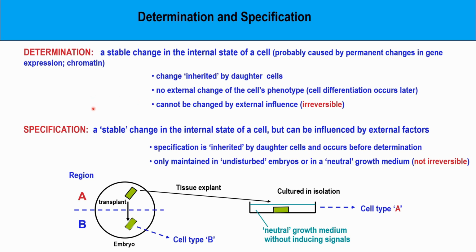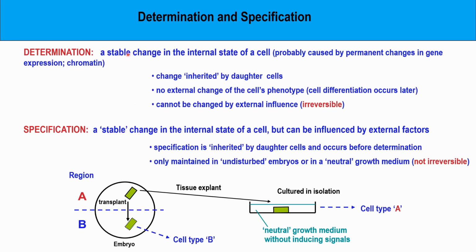In contrast to determination, we have specification, whether a cell is specified or not. It's a small distinction. I say in contrast, but they're similar. So let's see if we get the difference now. It is a stable, in inverted commas, change.